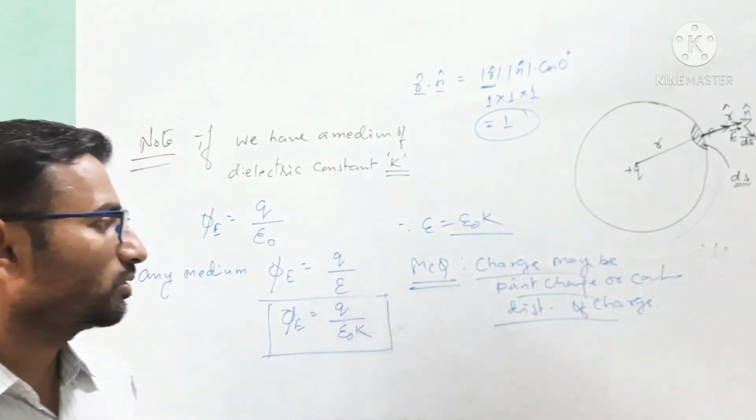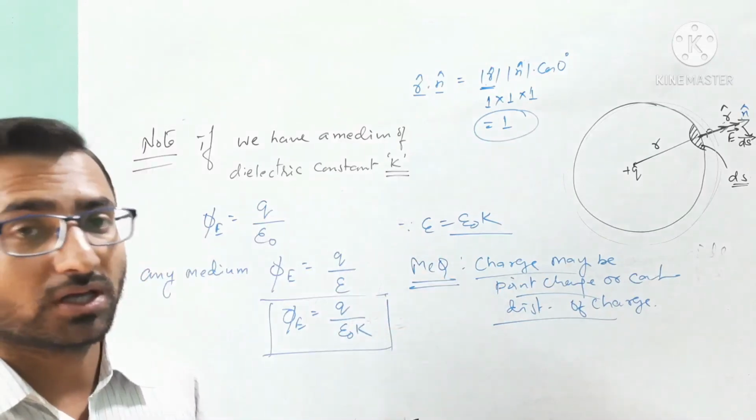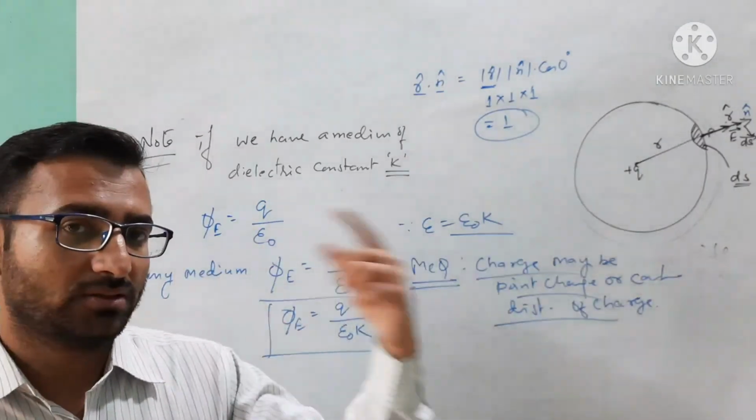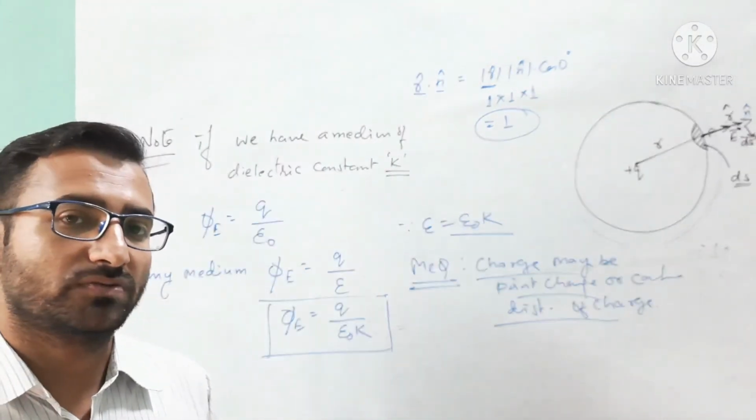Got it? The continuous distribution of charge, we will discuss when we talk about the application of Gauss theorem, where we will think about a cylindrical Gaussian surface in which a uniform distribution of charge is there.